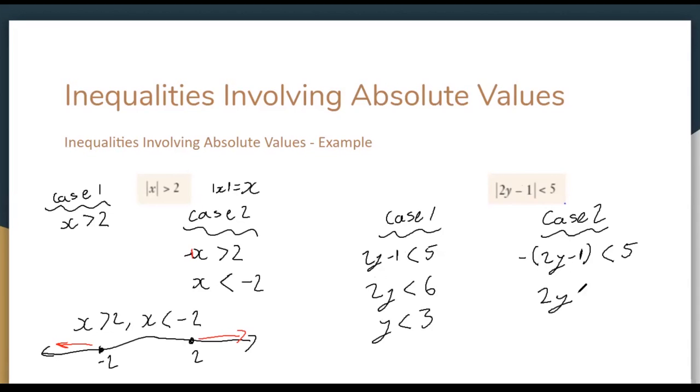And we get 2y minus 1 greater than minus 5, but we have to flip that inequality again because we're multiplying by negative 1. And now we just rearrange. So we add 1 to both sides, so we get 2y is greater than minus 4. And then we divide both sides by 2, so we get y is greater than minus 2.